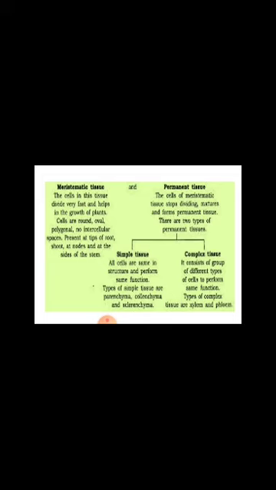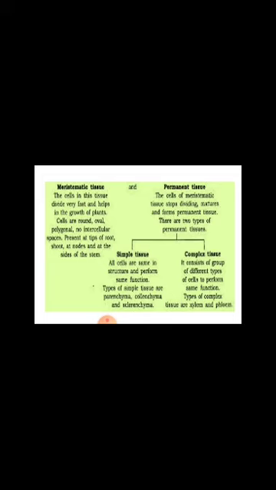And where are they present? They are present at the tip of the root, shoot, at nodes and at the sides of the stem. So, whenever we want to grow a new plant, what helps? The meristematic tissue. They are responsible for the growth of the plant.